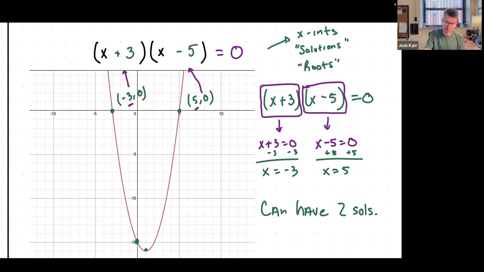The answer is no, you don't. If you had a quadratic where the graph was sitting perfectly on the x-axis, so it just came down and just touched right there, this is one solution. And then you might also have another quadratic where it actually doesn't touch the x-axis at all. And we'd have 0 solutions.